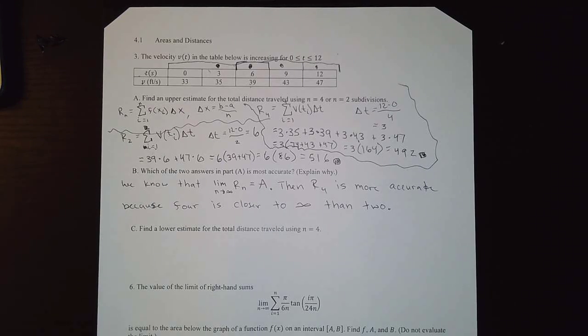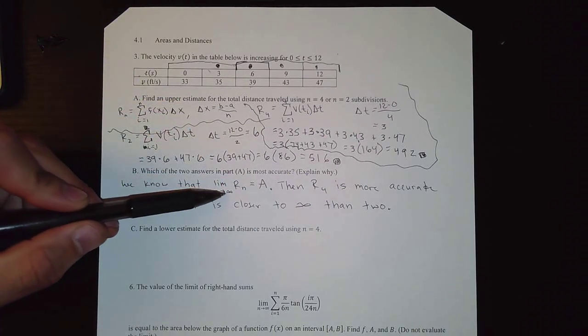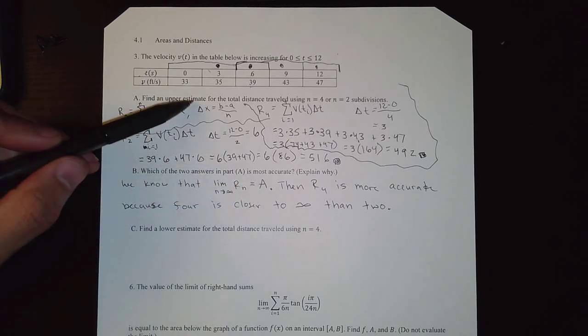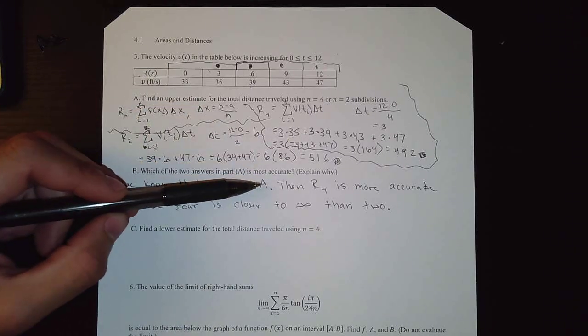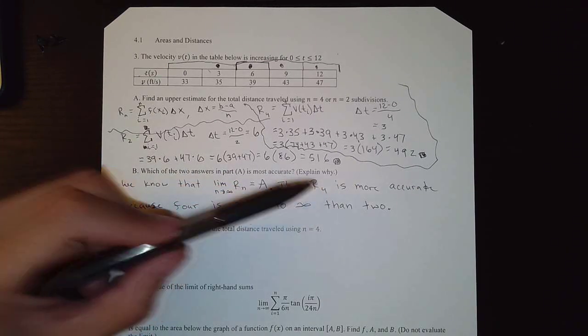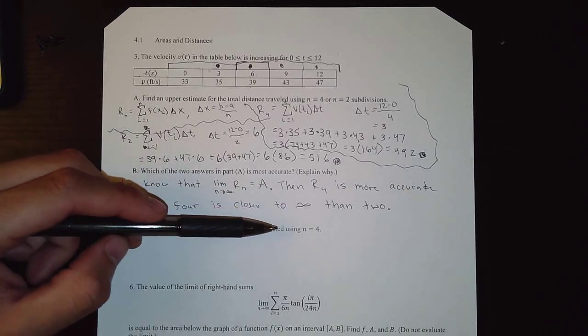So because n is approaching infinity, because the limit as n approaches infinity of the upper Riemann sum, or the upper estimate, is the area, R4 has to be more accurate because 4 is closer to infinity when referring to 2.